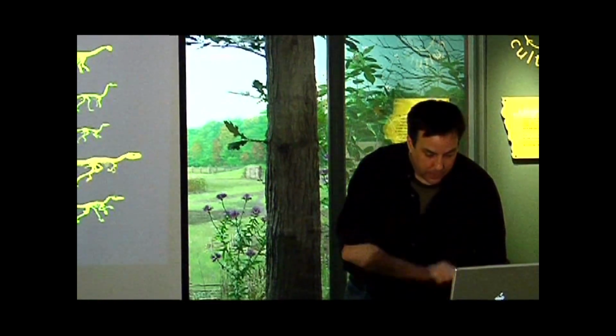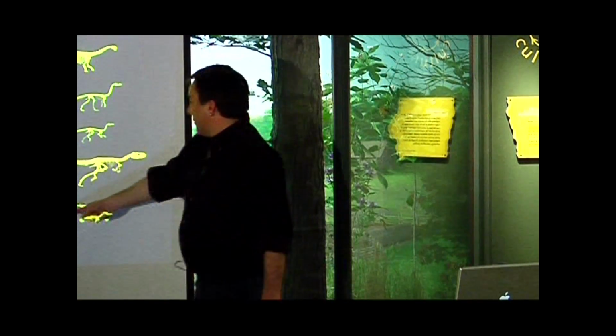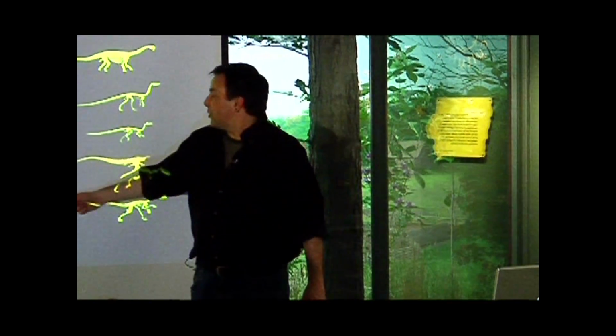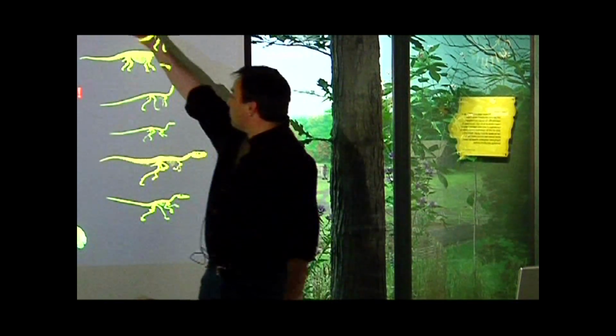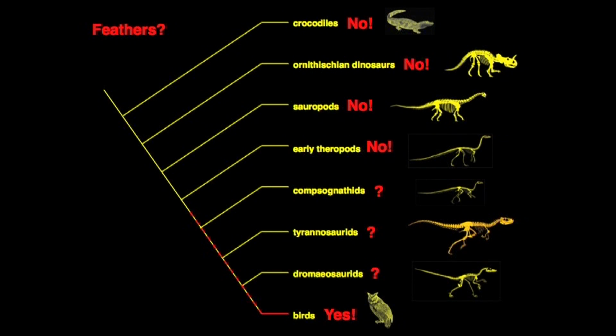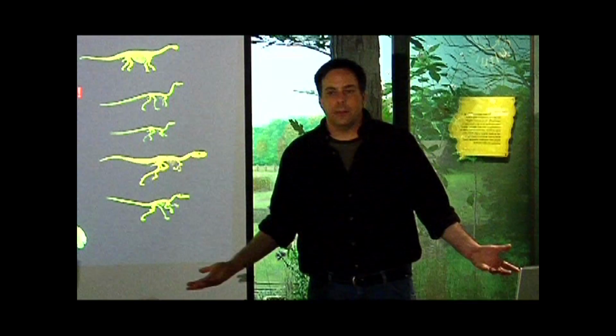But we know that birds have feathers. Somewhere between the last common ancestor of crocs and birds and the last common ancestor of living birds and some of their extinct relatives, feathers arose. And until about 20 years ago or 10 years ago, we didn't actually know where on this line feathers arose. We couldn't say.